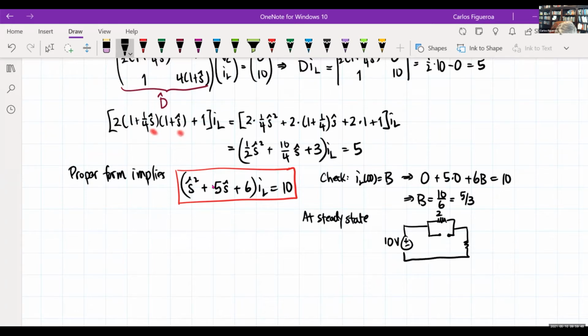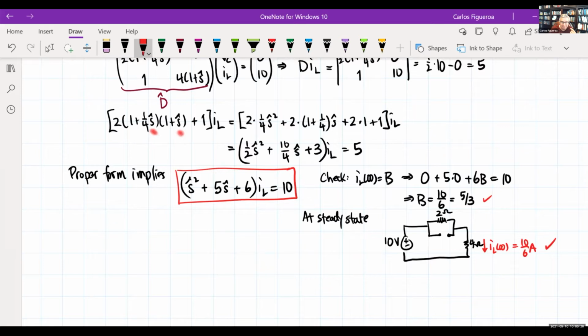So here's my 2, here's my 4 ohm, and I could see that this is also the current of the inductor at infinity. And we could see here from Ohm's law that this guy has to be equal to what? 10/6 amps. So guess what? These guys match up. So that's a simple check. So we're looking good here.